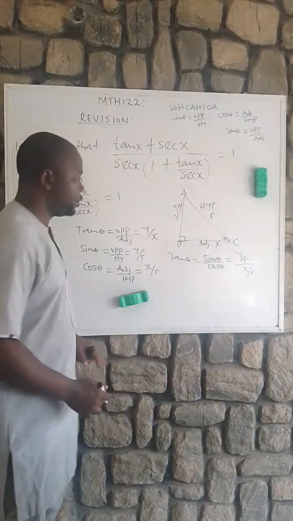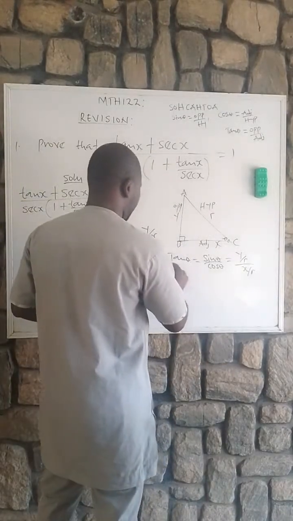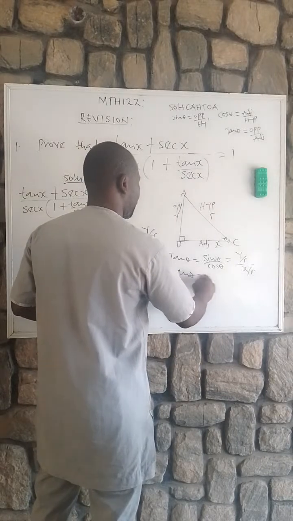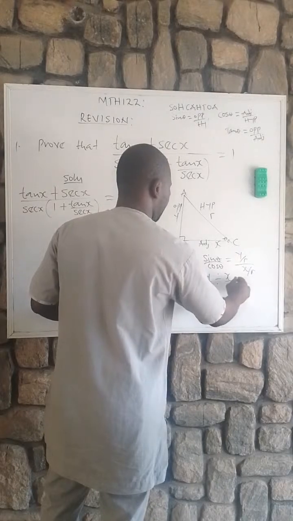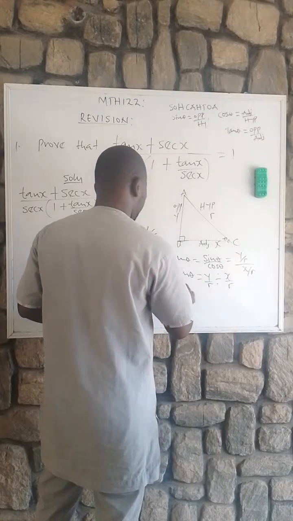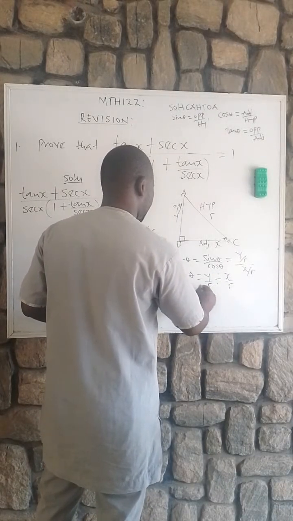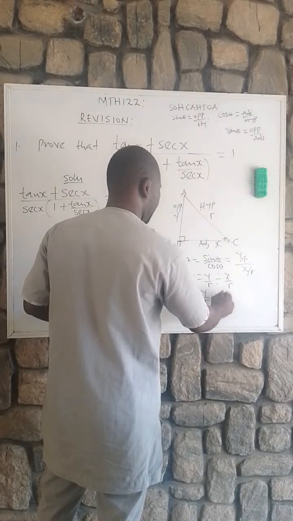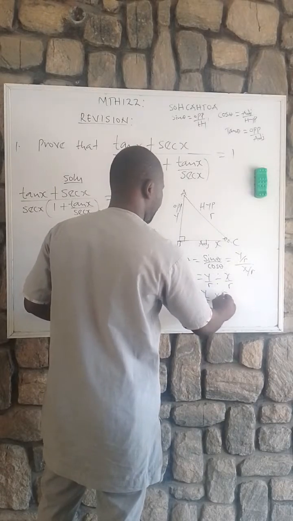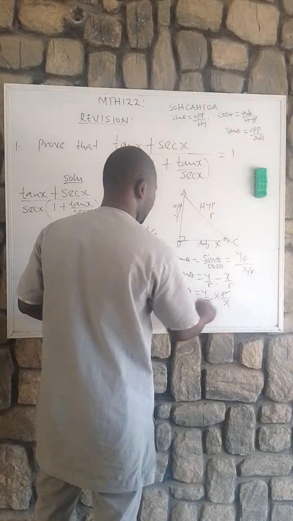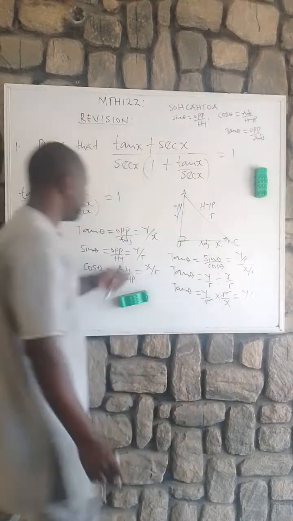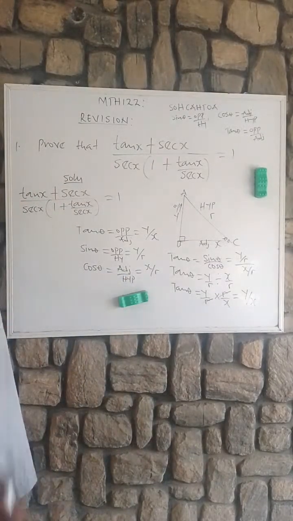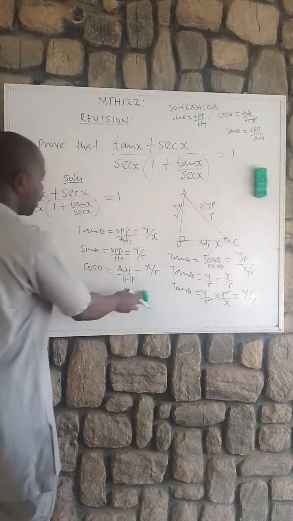So tan theta will now be equals to y all over r divided by x all over r, then tan theta is equals to y all over r times this one will come up, all over x. So this and this will go. You can now see that it is y all over x.